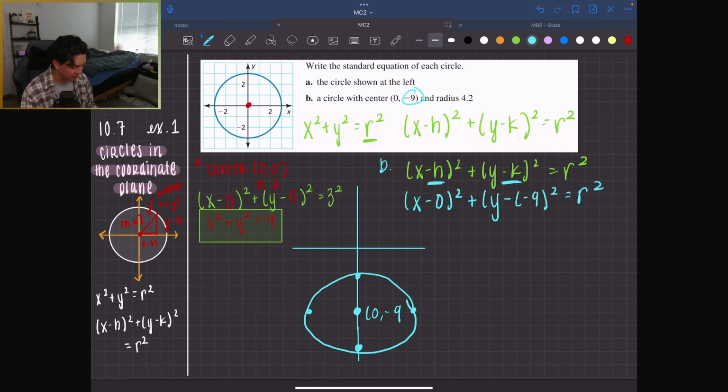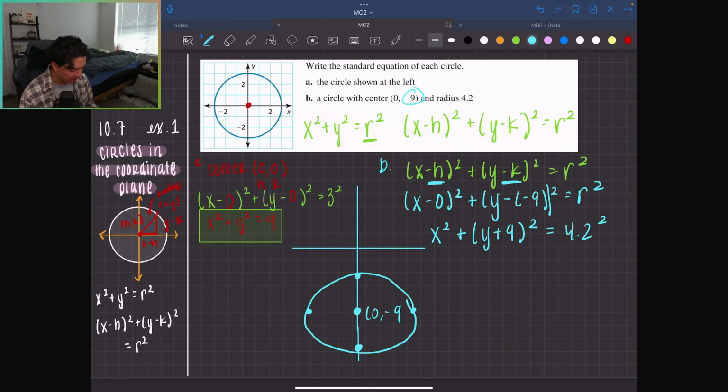And now let's just simplify this. X minus 0 is just x, and we still have that squared. So now we have x squared plus y minus a negative 9. When we subtract a negative number, we're just adding. So I'm going to change this to y plus 9 squared equals r squared. Thank goodness we know what our r is. It is 4.2. So 4.2 squared.